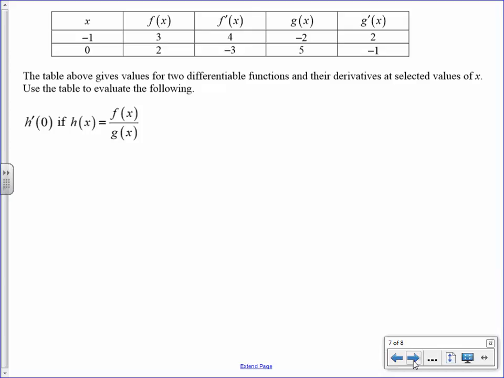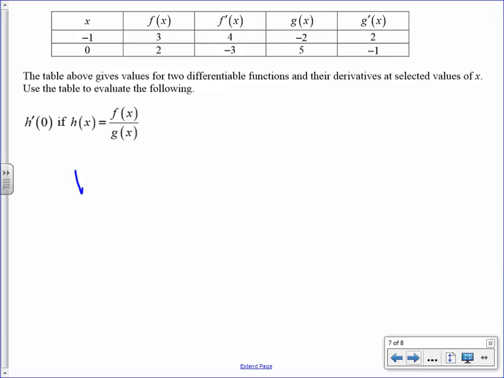Okay, so I have a table of values for two functions and their derivatives. And I want us to evaluate h prime of 0 if we know that the function h is f over g. Well, I want the derivative of h evaluated at a point. So before we look at the point x equals 0, we should probably figure out the derivative.